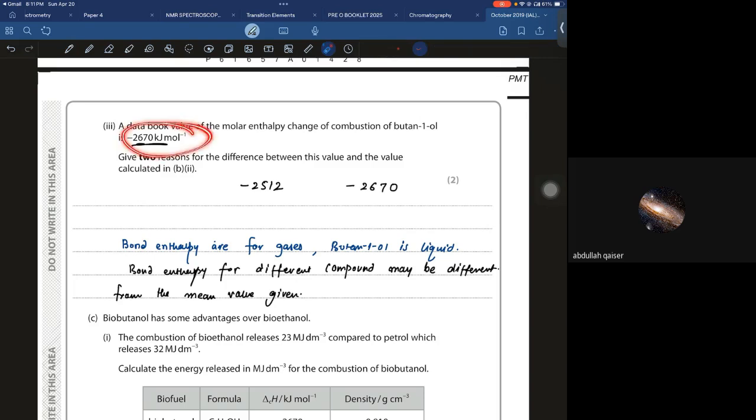This is a mean value, the data book value basically. So it may be different because in this question we are using the bond enthalpy value, which is used for gases. So that's why the answer is totally different. Okay.